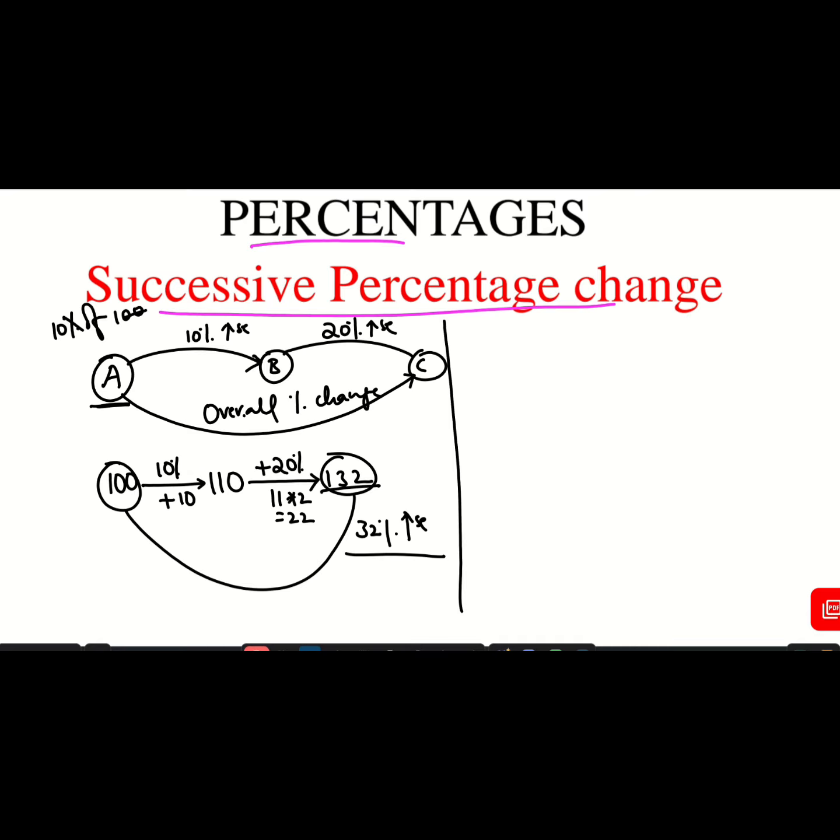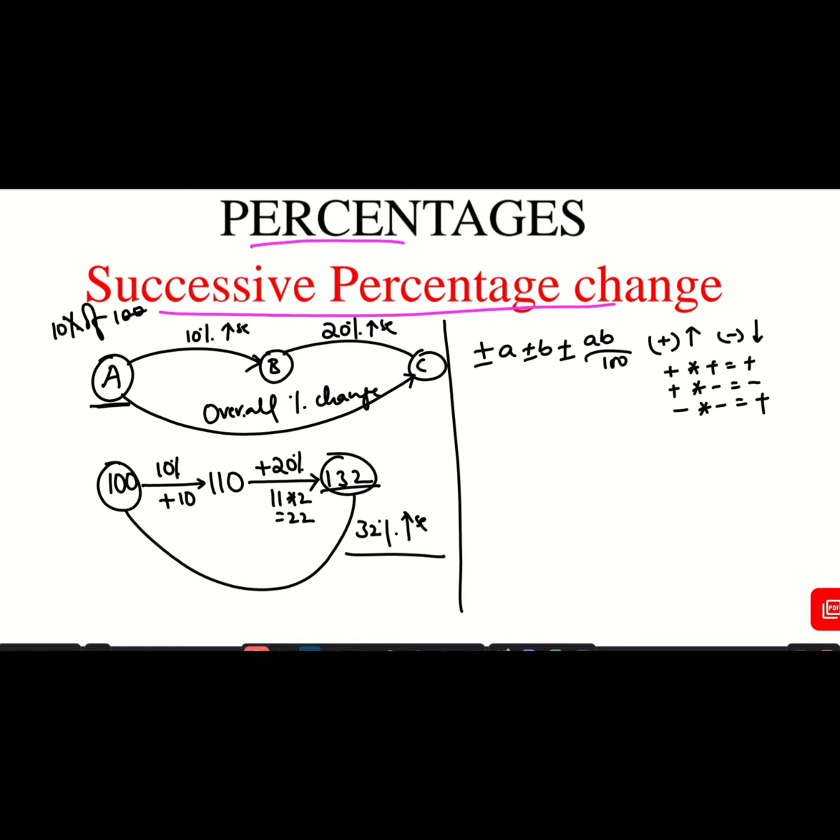Every time we can't go with this method, so we have one more method, that is formula based. Formula is plus or minus A plus or minus B plus or minus AB by 100. Plus is nothing but increase, minus is nothing but decrease. One more thing: positive into positive will be positive, positive into negative will be negative, negative into negative will be positive.